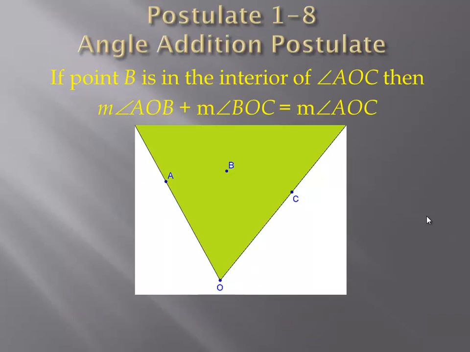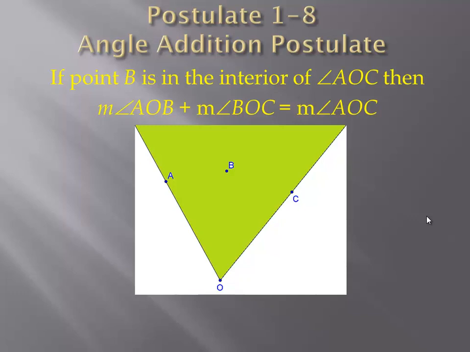Postulate 1-8 is called the angle addition postulate, and it allows us to take small angles, add them together to make larger angles, or to take a large angle and break it into smaller angles.